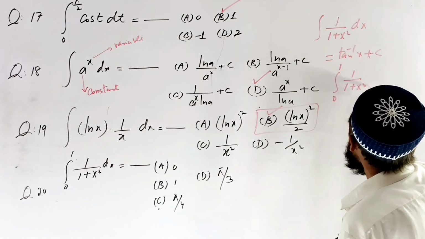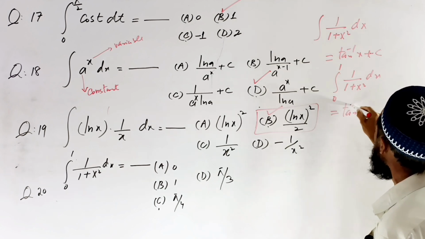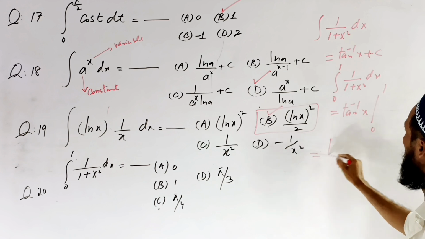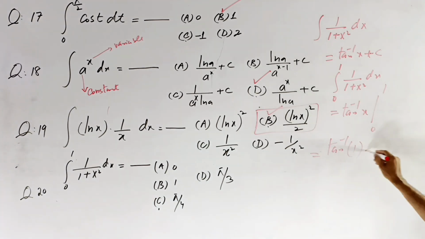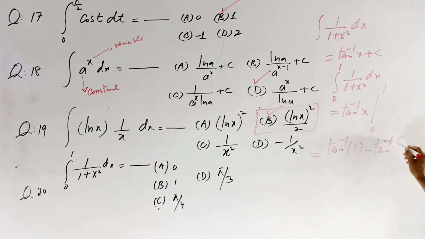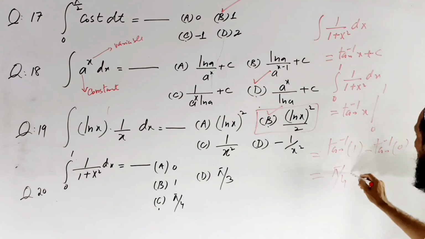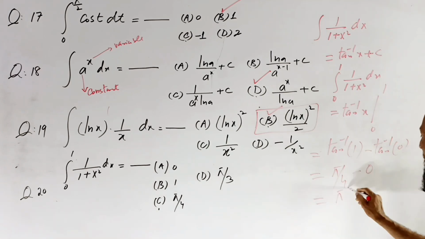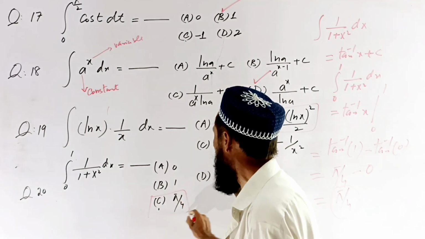Tangent inverse x with limits 0 and 1. First put the upper limit, then tangent inverse 0. Tangent inverse 1 is pi by 4, and tangent inverse 0 is equal to 0. So we get pi by 4. Pi by 4, C is the correct answer.